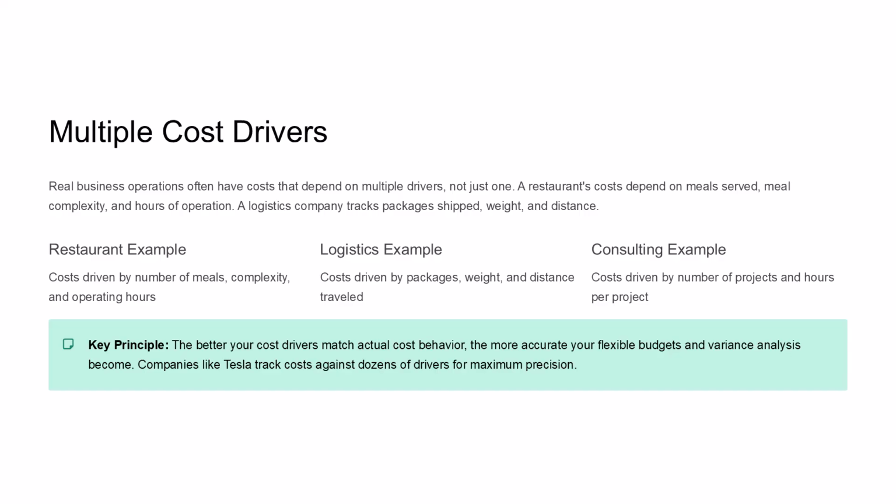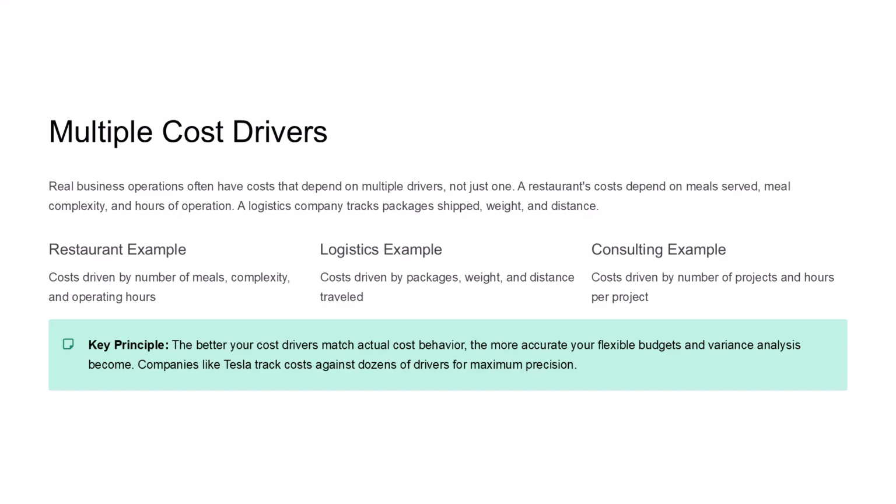His gas costs might still be driven primarily by lawns mowed, but his labor costs are now driven by both lawns and edging hours. His flexible budget needs to reflect both drivers. For labor, the formula becomes labor cost equals fixed labor component plus variable rate per lawn times lawns mowed plus variable rate per hour times edging hours. This gives a more accurate picture of what costs should be.